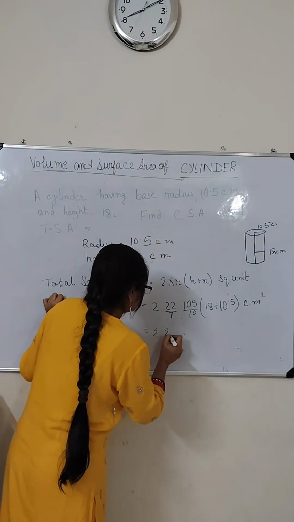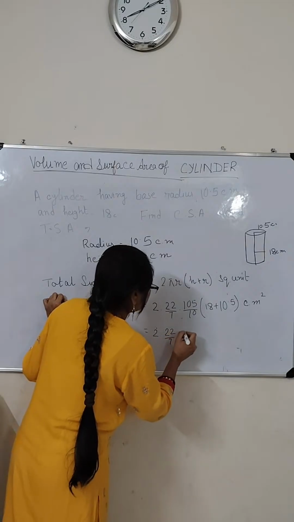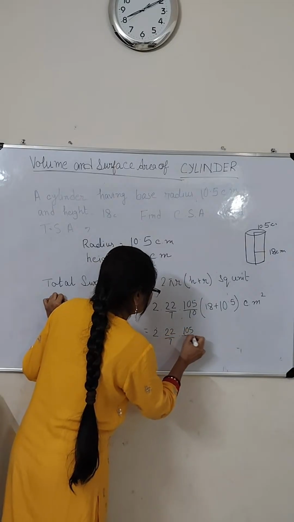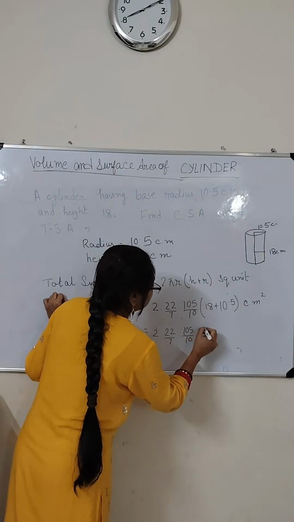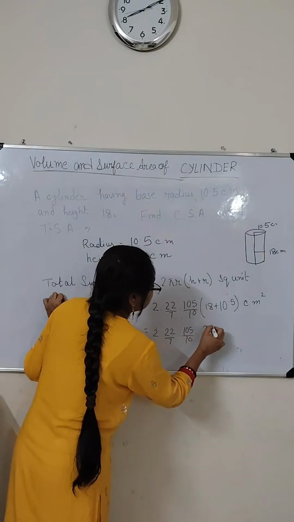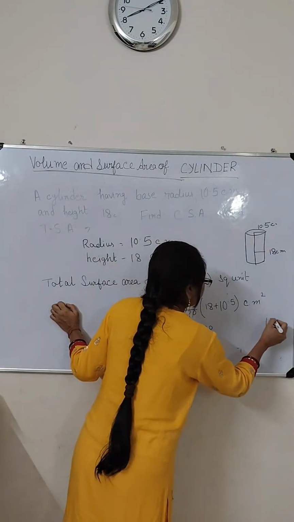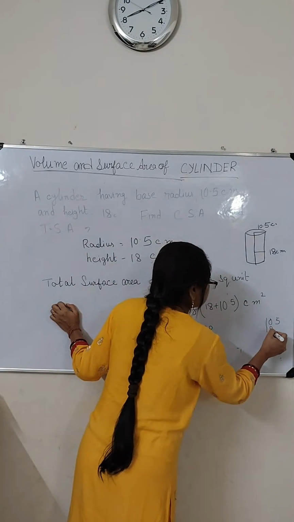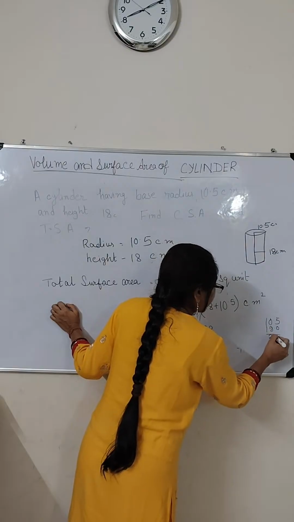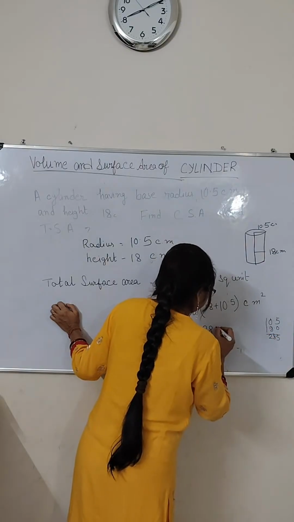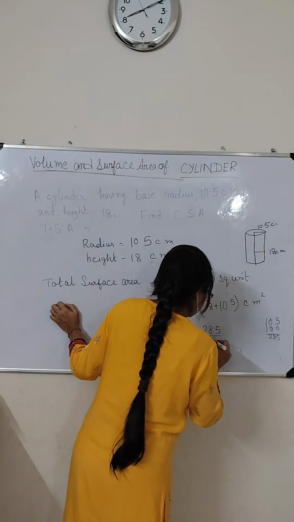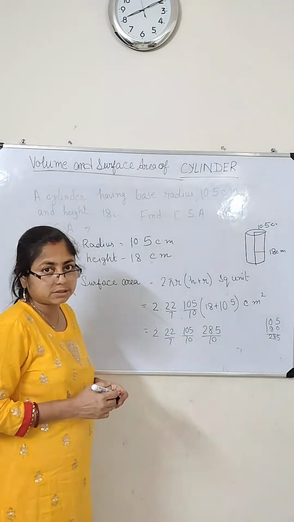2, 22 by 7, 105 by 10, 28 plus 10.5 means 28.5. So I remove the decimal and do this one. You start to calculate.